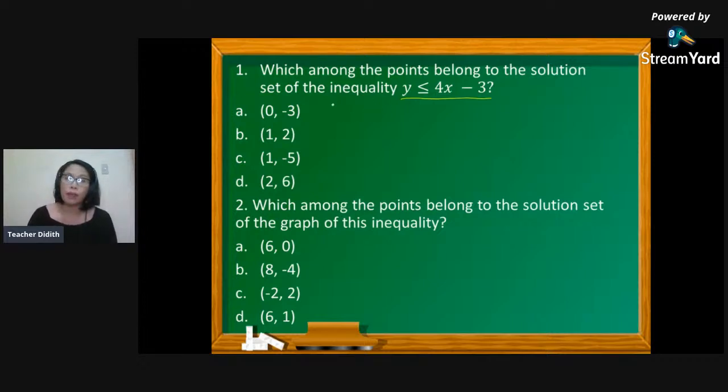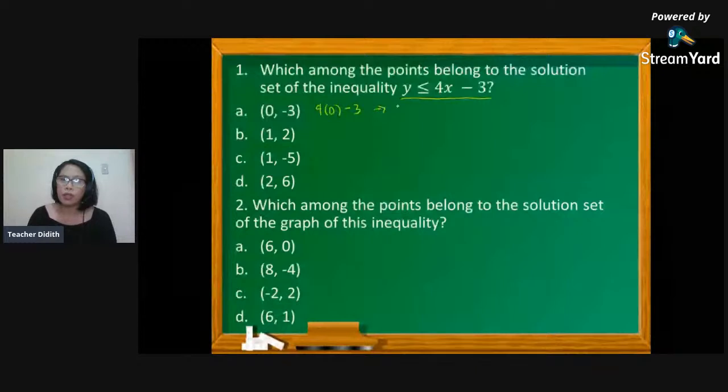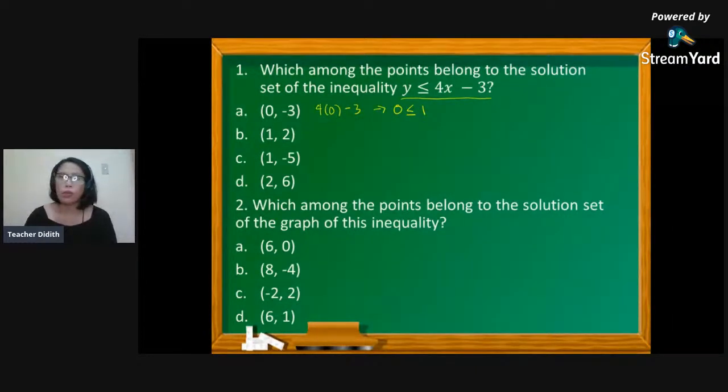So for A, we will substitute 0 to x. So we have 4 times 0 minus 3. The right side of the inequality is 1, and then the left side is 0. So this is 0 is less than or equal to 1. No, wait a while.